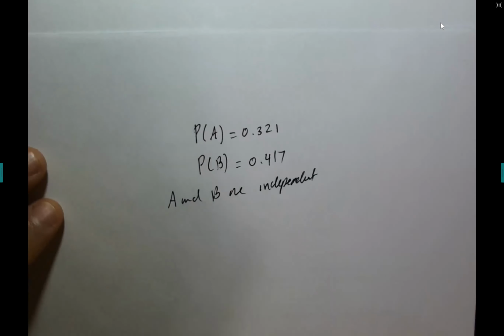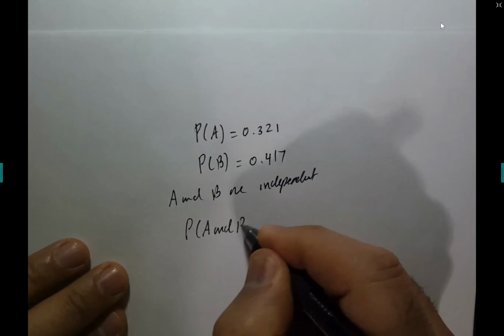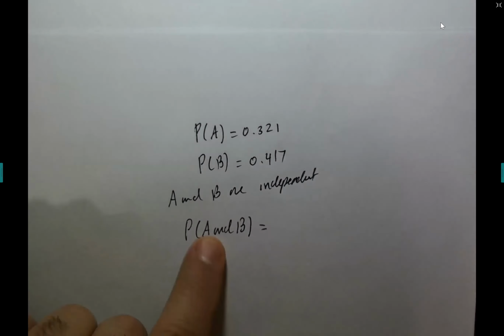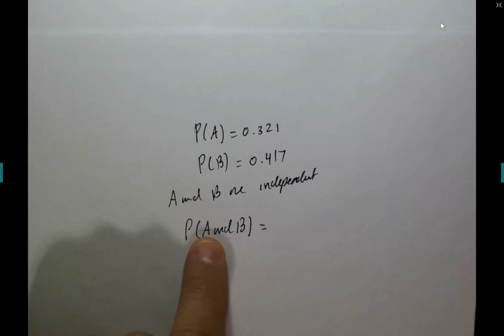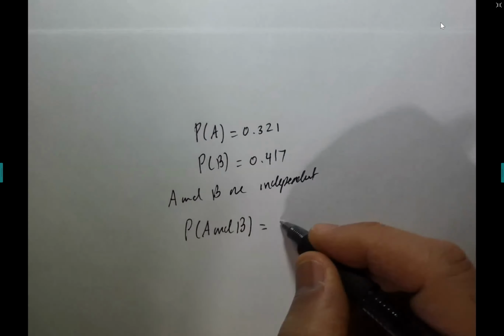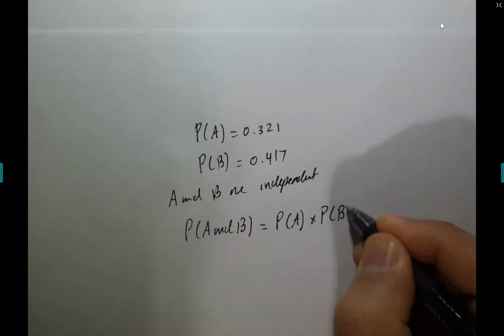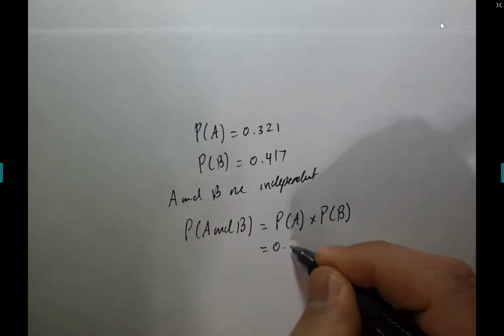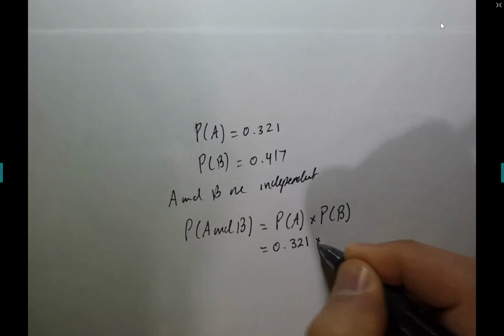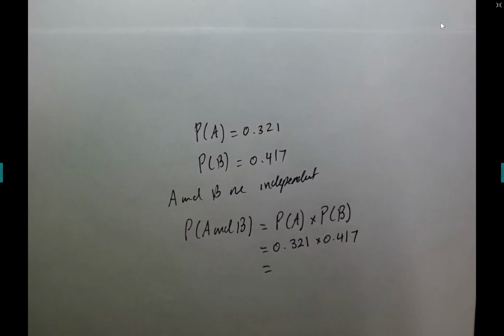And then he asks you to find the probability of A and B. A and B, guys, means the two events happening at the same time together. So the probability of A and B, if they are independent, you just take the probability of A and multiply it by the probability of B. So that will be 0.321 times 0.417, and then you just get the answer.